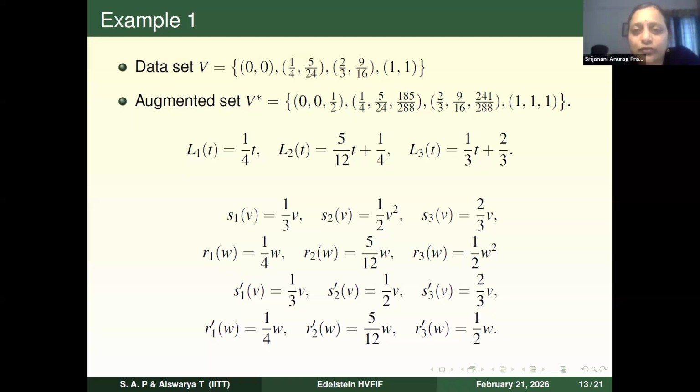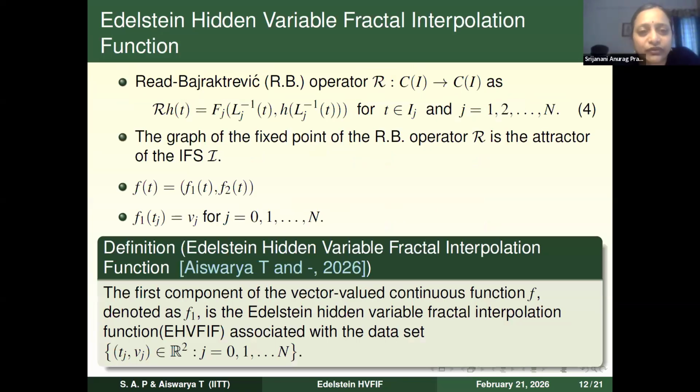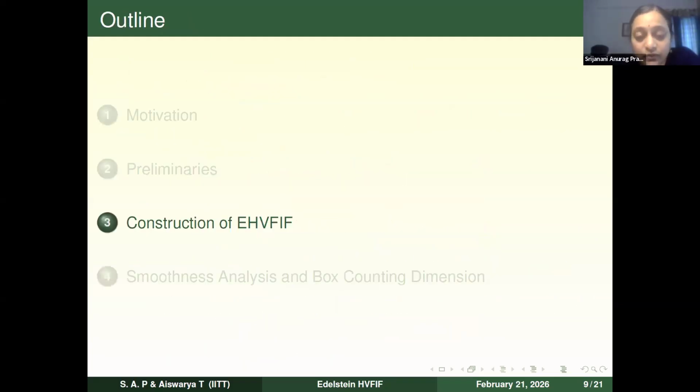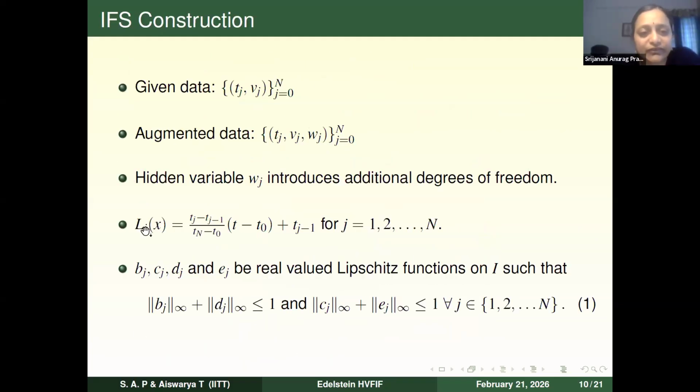The third point is 2 by 3, 9 by 16, 241 by 288, and the last point is 1, 1, 1. Now, my Lj's are constructed satisfying this equation, Lj of x, it should be Lj of t, that's a typo, Lj of t.